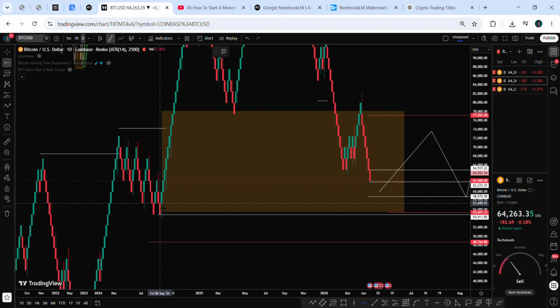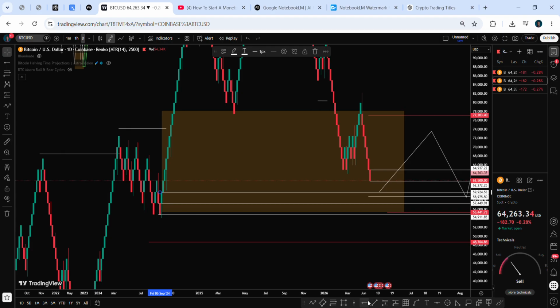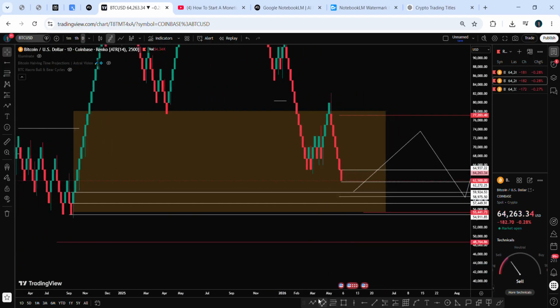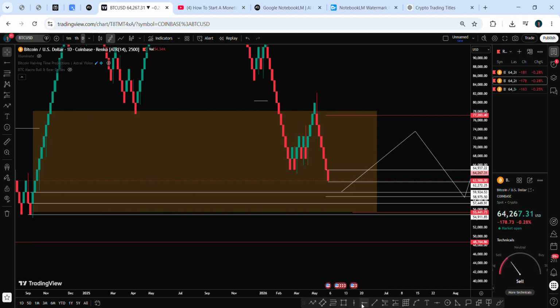Psychology level is just round-up numbers that also hold price, and I also use it for my entry and my stop loss. Then I have this.